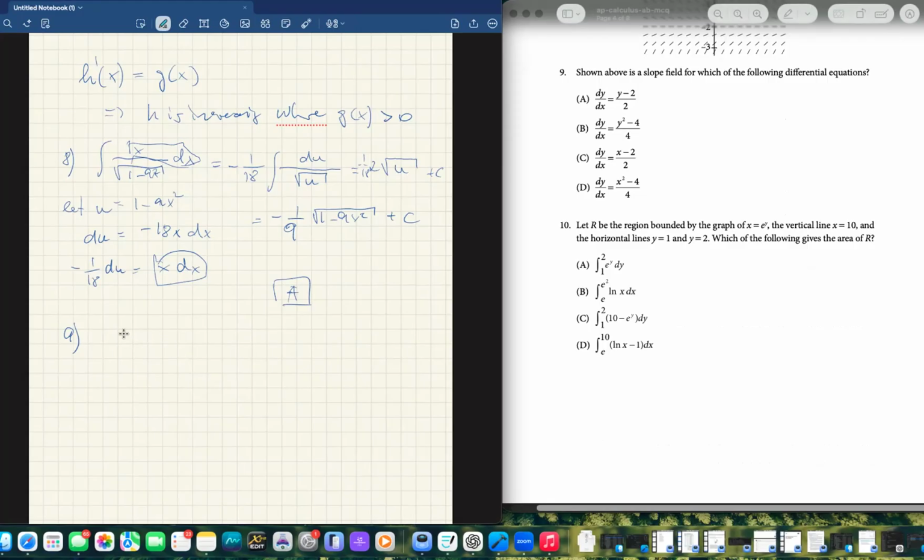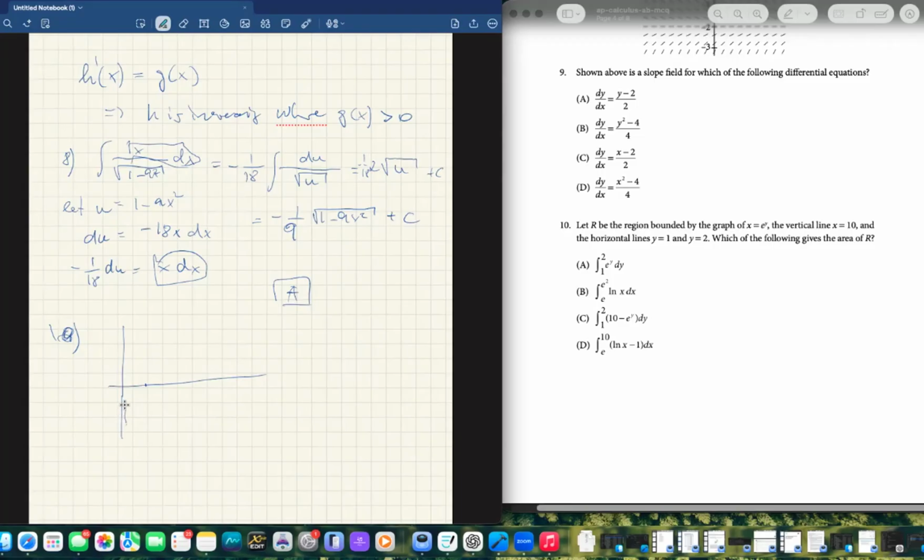So what do we have here? I think for 10, we need to make a little sketch. We have x equals e to the y. So it goes to 1, e to the y.